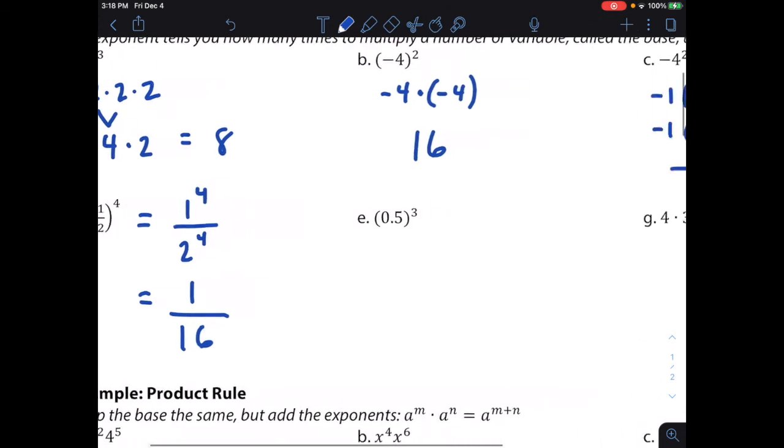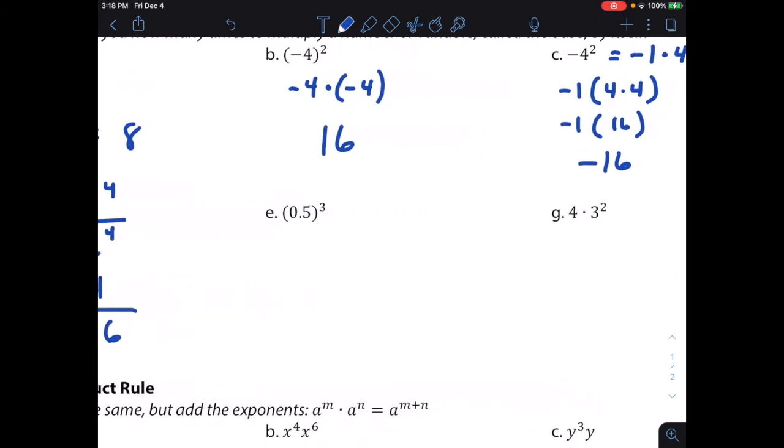Okay, couple more here. Decimals. If we take a decimal to a power, a decimal is just another form of a number, but a decimal to a power does something weird. It actually gets smaller and smaller instead of bigger and bigger. Like if we take an integer to a power, the answer gets bigger and bigger, whereas a decimal to a power gets smaller and smaller.